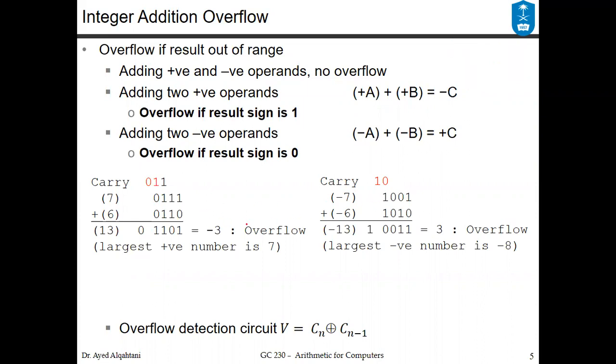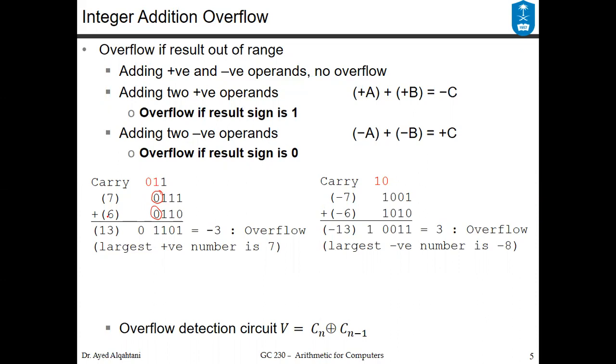You can see in the first example on the left side, we added 7 plus 6, two positive numbers indicated by the 0 at the start. And we assume here 4-bit binary representation.